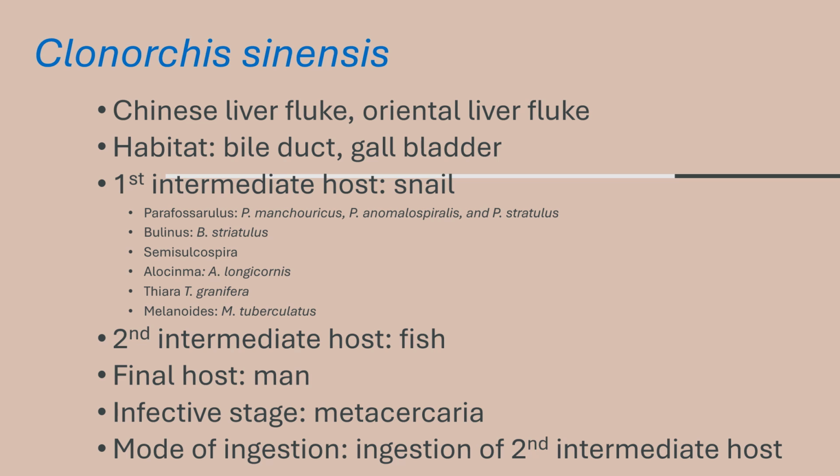The second intermediate host of Clonorchis sinensis is fresh water fish. The definitive host is humans. As for the reservoir host, you have dogs, cats, pigs, rats, and other fish eating mammals.